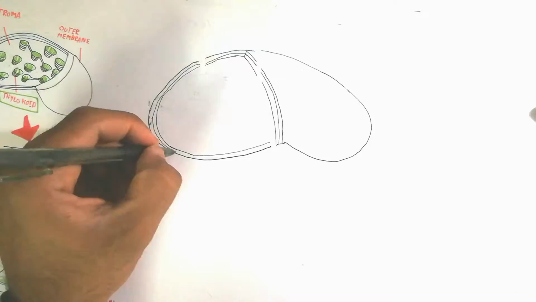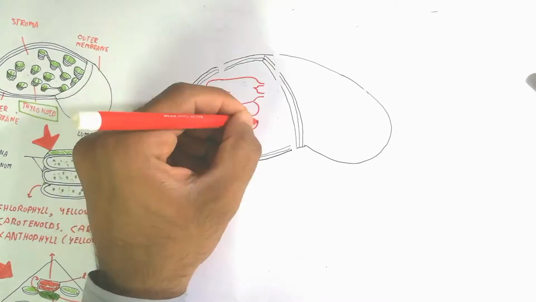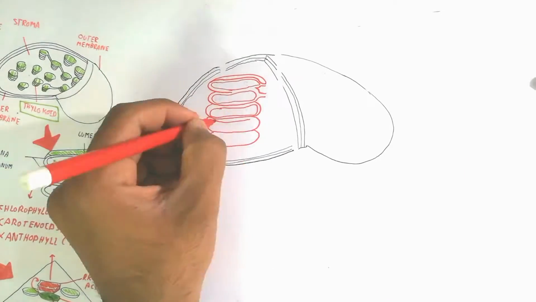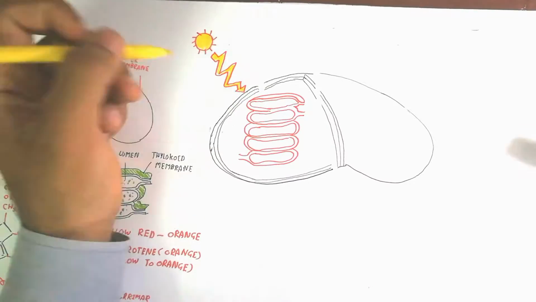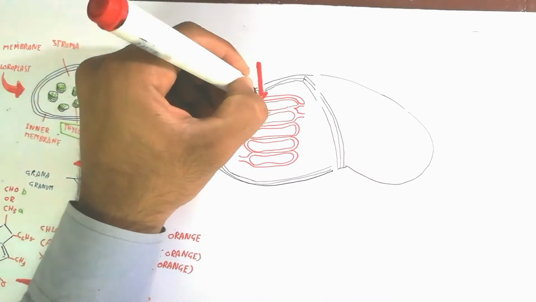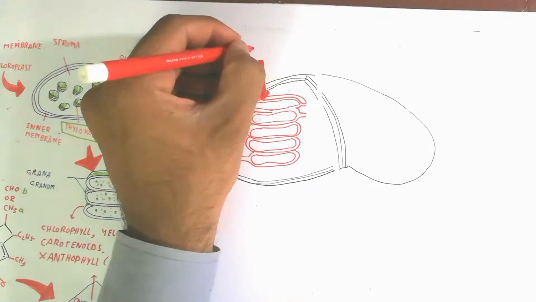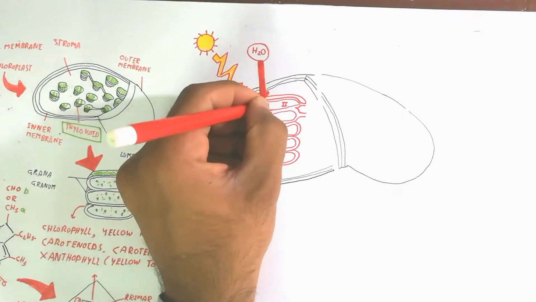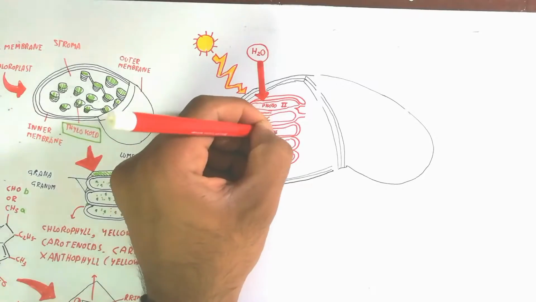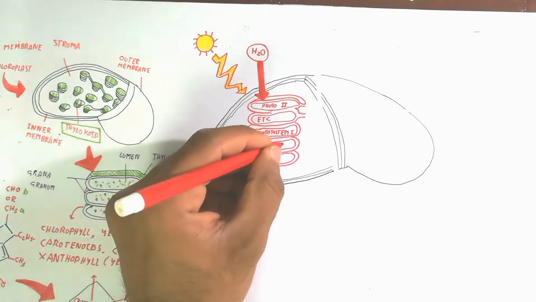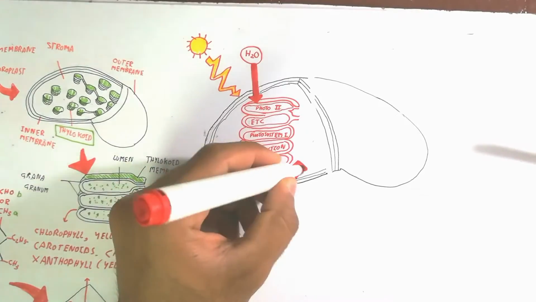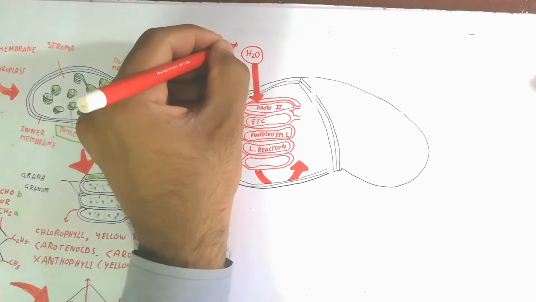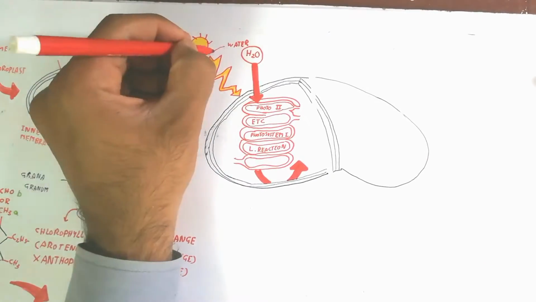So here I will discuss the chloroplast. When light falls on the chloroplast, the thylakoid membrane here absorbs the light, and in the presence of water photosystem 2 absorbs first, the electron transport chain will begin, and photosystem 1 will accept the electron.